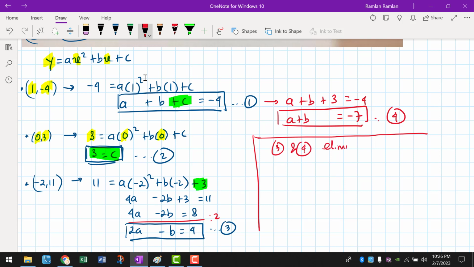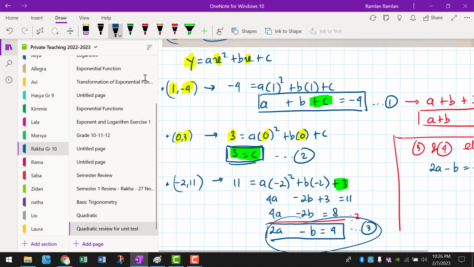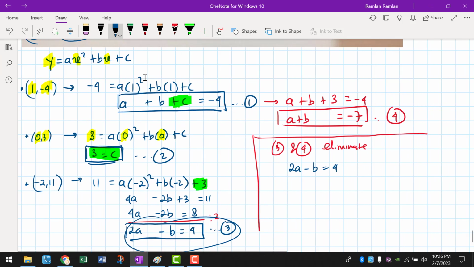I'm just going to write down equation number 3, which is 2a minus b equals 4. And then I'm going to write down the fourth equation, which is a plus b equals minus 7.